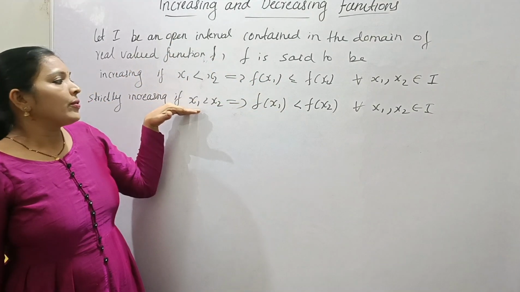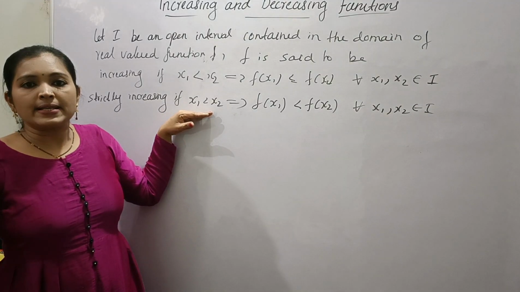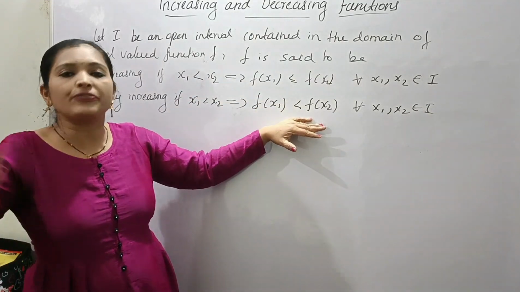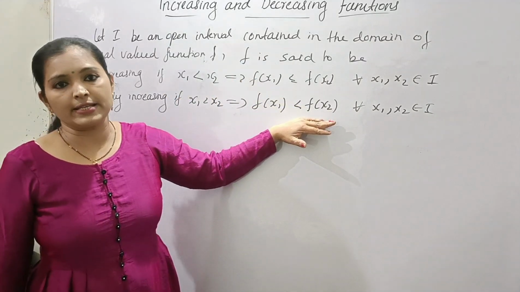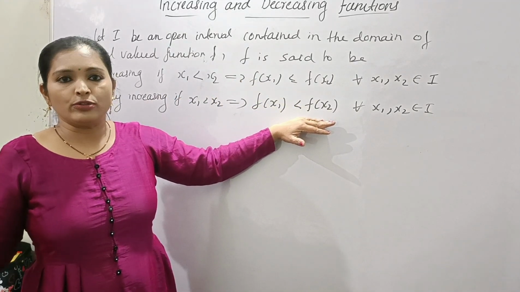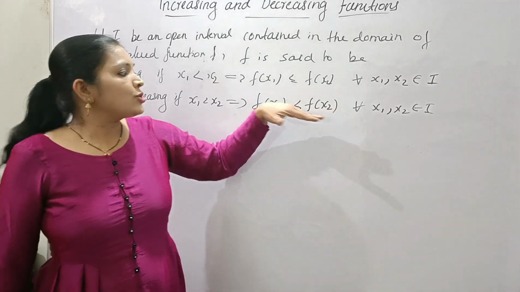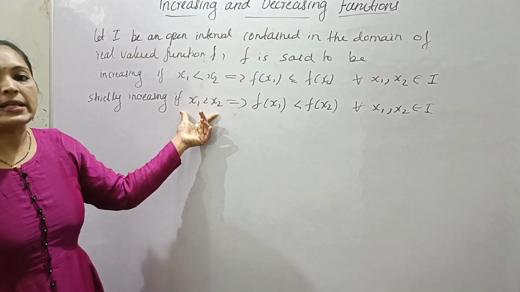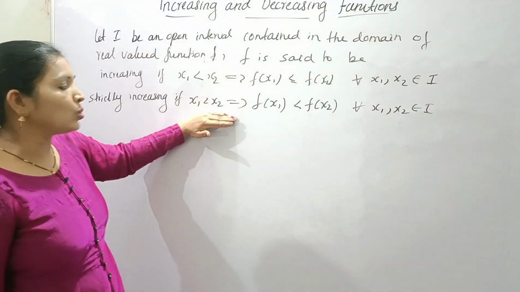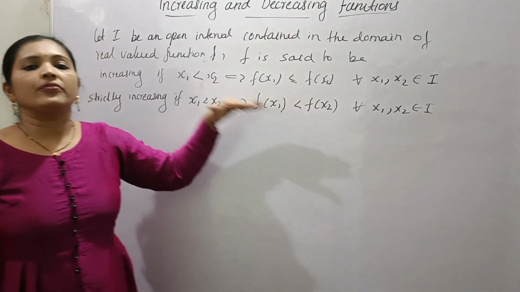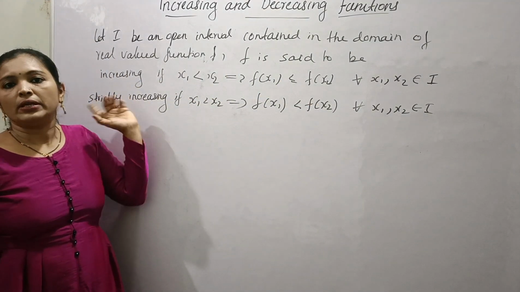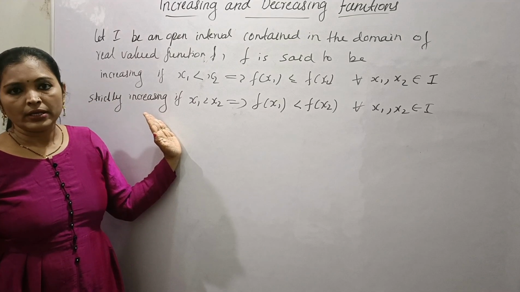Here, for every value of x, f of x has different values and it increases. As x increases, f of x increases, and there are no same values of the function. So if x1 less than x2 implies f of x1 less than f of x2, then the function f is said to be strictly increasing. Okay.